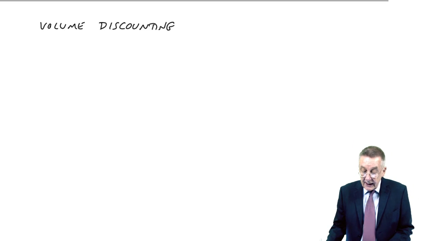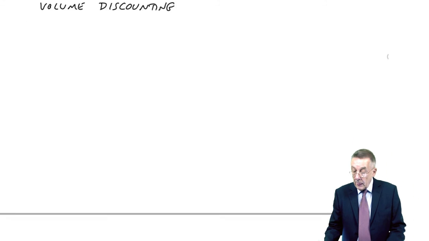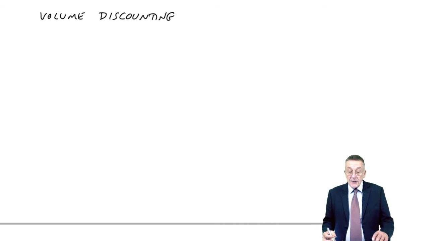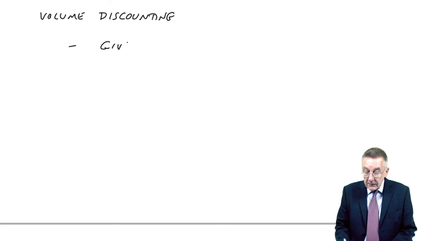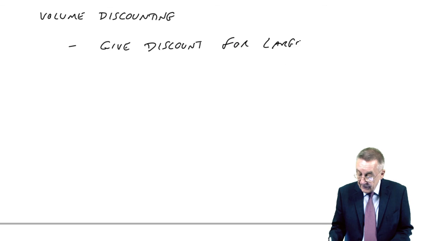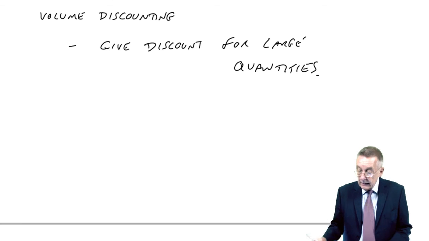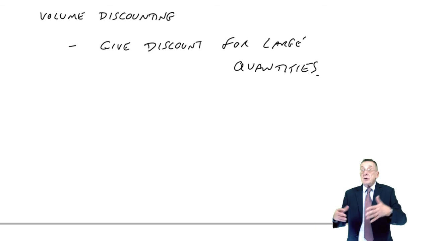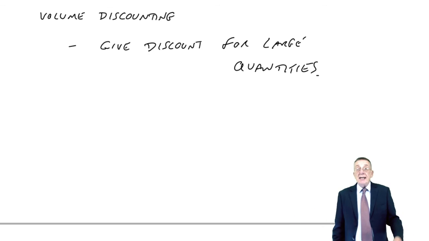Finally, the one I need to say least of all about, volume discounting. It means exactly what it says. You give a discount for large quantities. Sell toilet rolls or something at 50 cents each.